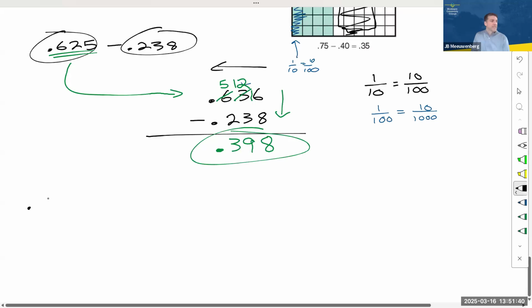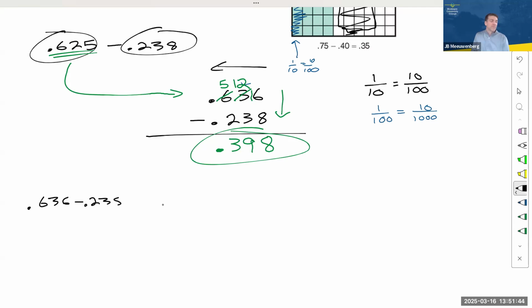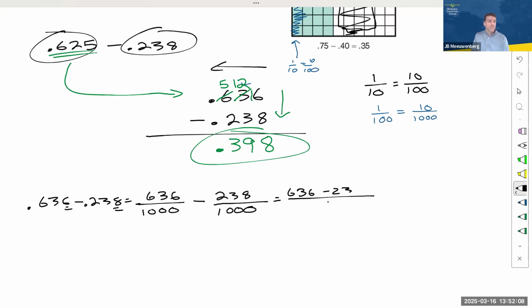If we're going to do 0.636 minus 0.238, if we think about that in terms of fractions, it's 636 thousandths minus 238 thousandths. Common denominator. They're both talking about that same final place value. We do subtraction of fractions by subtracting the numerators.